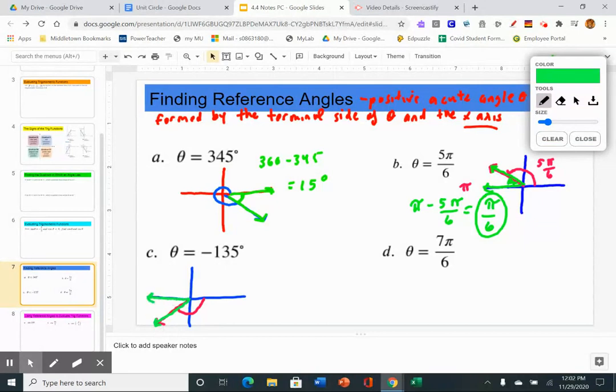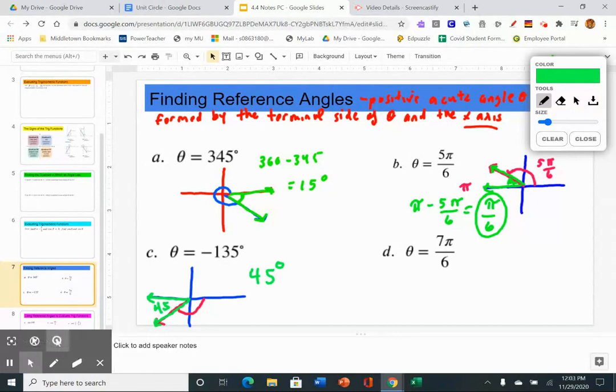That tells you if you went negative 135, the amount you need to get back to the x-axis would be 45 degrees. So your reference angle is 45 degrees. That is how much you need to get back to the x-axis. Always go up or down to the x-axis. That is your reference angle, because your reference angle, again, is positive and it is acute.